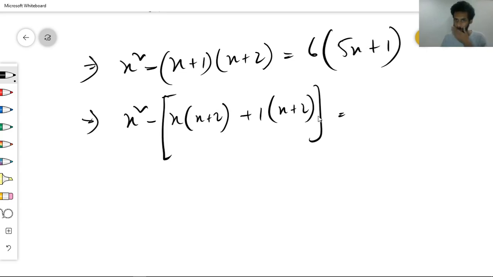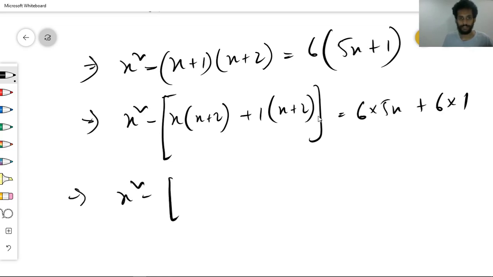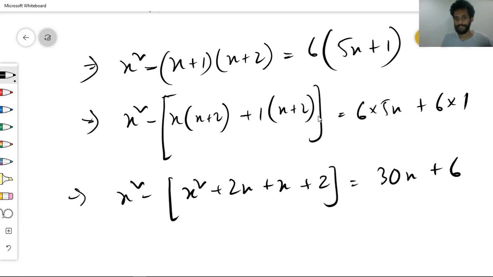Okay, so now this one is 6 into 5x plus 6 into 1, x square minus x square plus twice x plus x plus 2. Okay, it will be 30x plus 6.